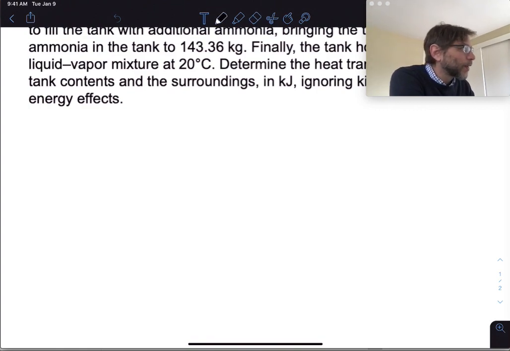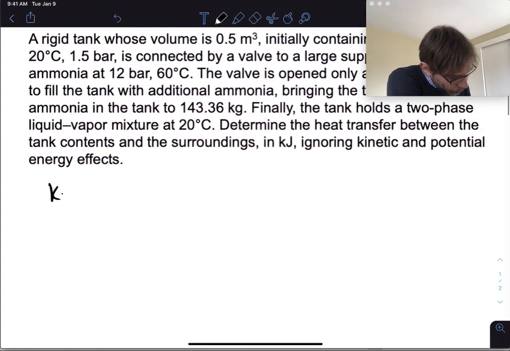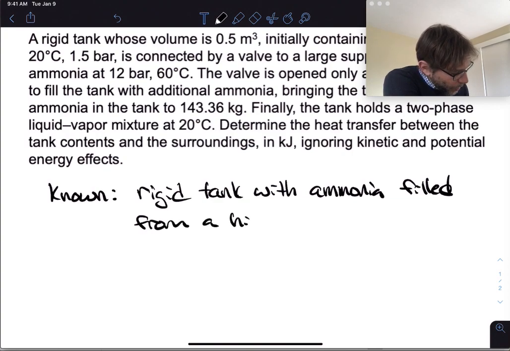Known: we have a rigid tank with ammonia, filled from a high pressure source.